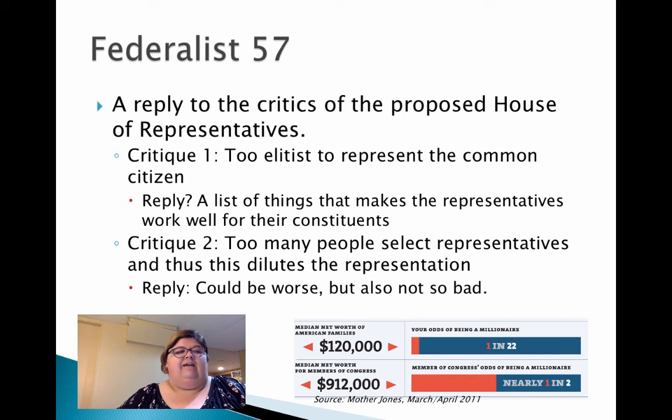But there are some responses to this critique. The first is that this isn't diluted as much as it is in Britain. It's probably the laziest critique they have, but it is true. This is better representation than you had before, so maybe it's better to take this than nothing.